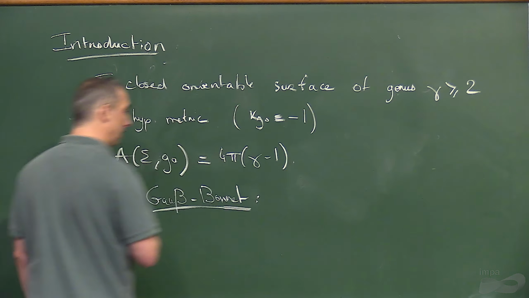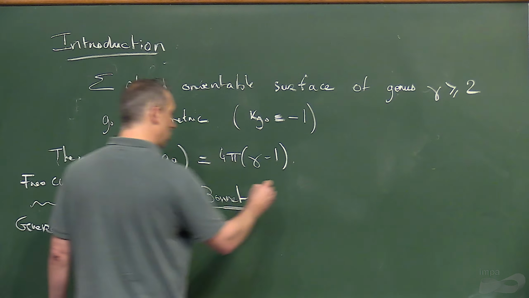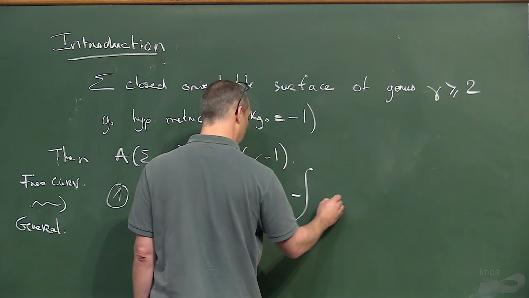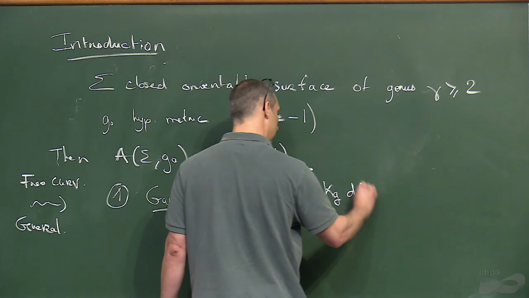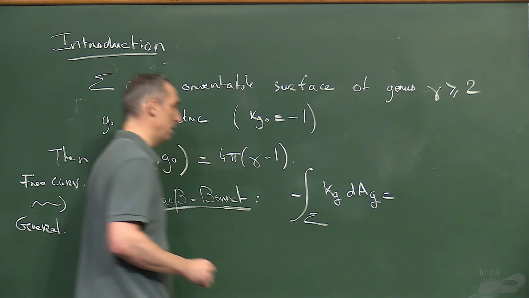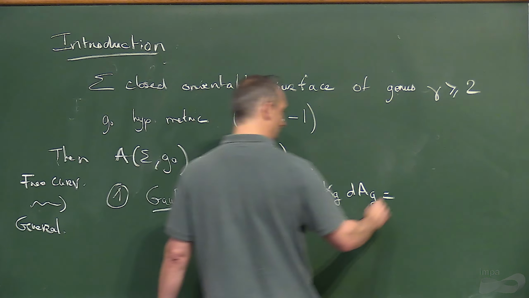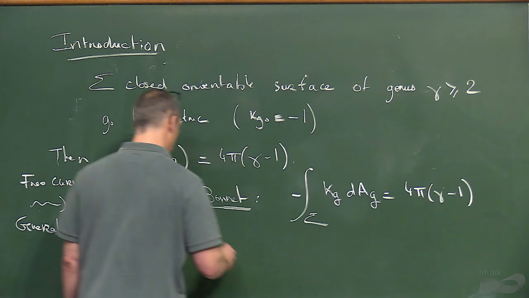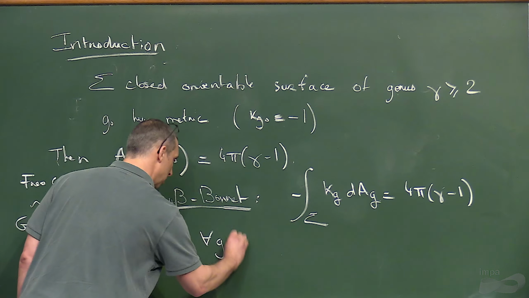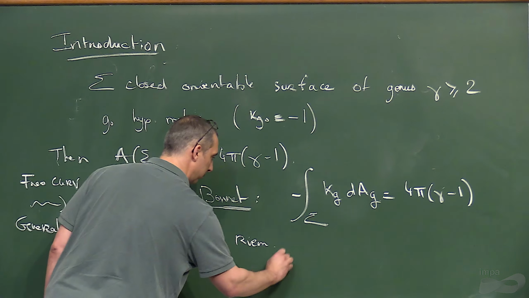It says that the following quantity, minus the integral over your surface of the sectional curvature times the area for the Riemannian metric, is constant, equal to 4 pi times the genus -1, for any Riemannian metric on your surface.